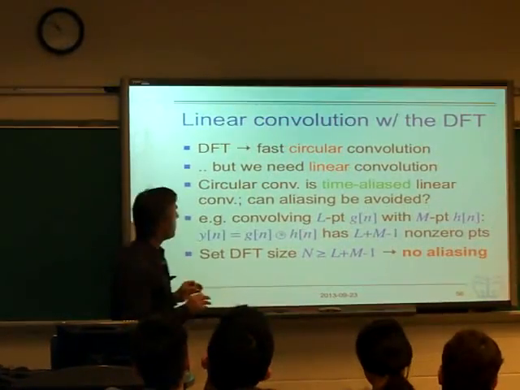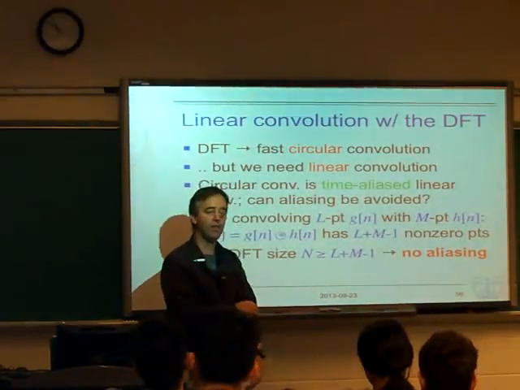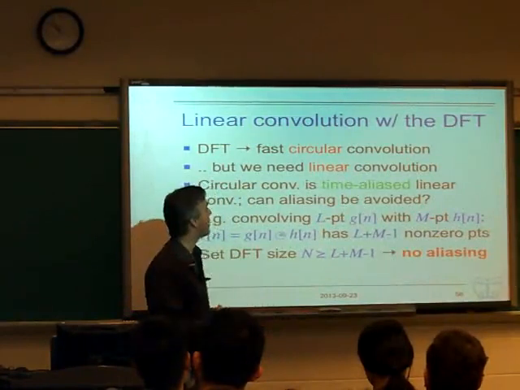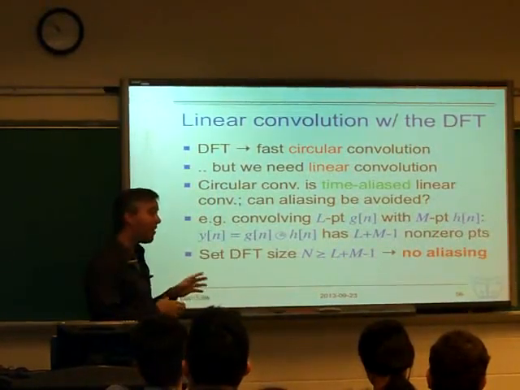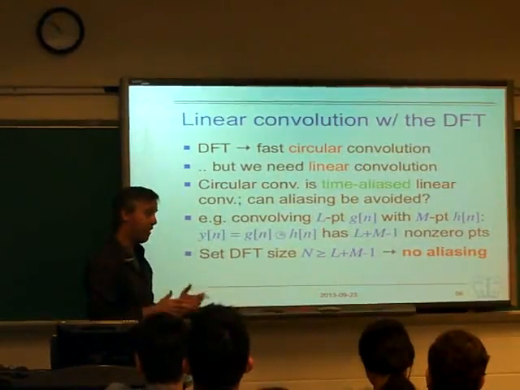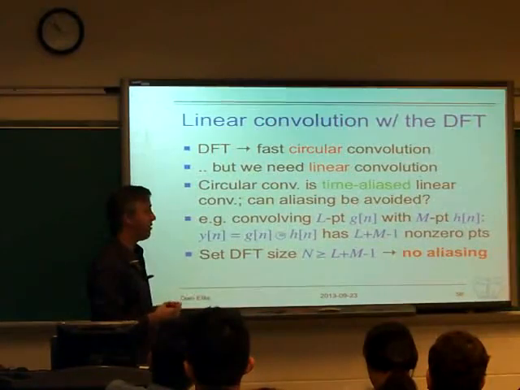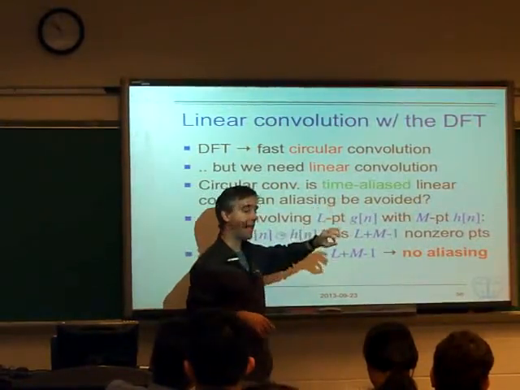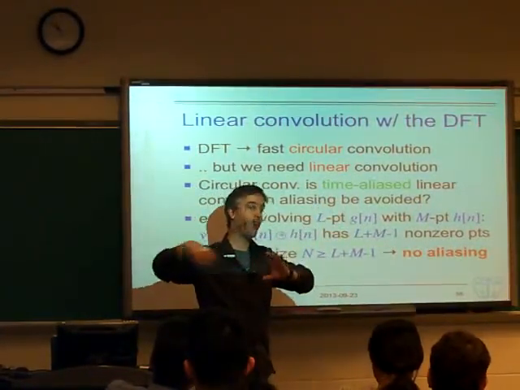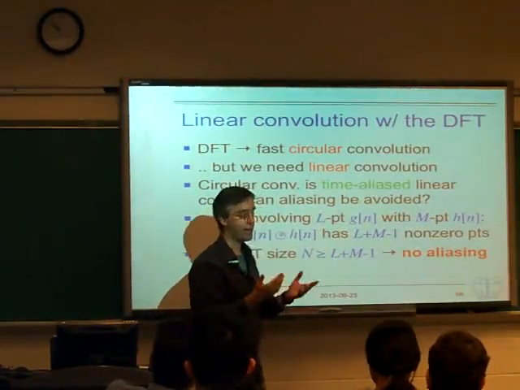Okay, so here's this question, right? I said, that's great, we can do convolution in the DFT domain, but it's not the convolution we were expecting because it has to respect this circular time axis. Given this idea that if we could use this convolution, there's this very fast and efficient way of doing it, what can we do? The trick is, we're going to get this time aliasing. We're going to get the chunk off the end folded back and superimposed on the beginning, as it were.